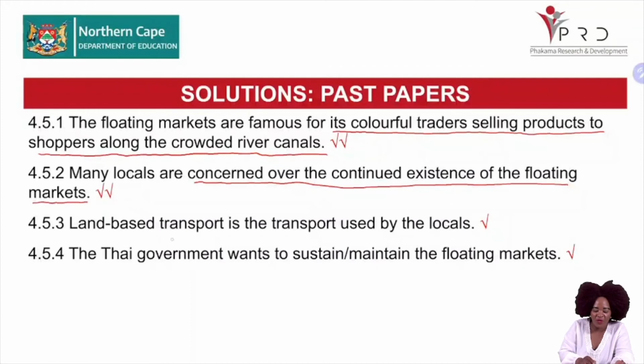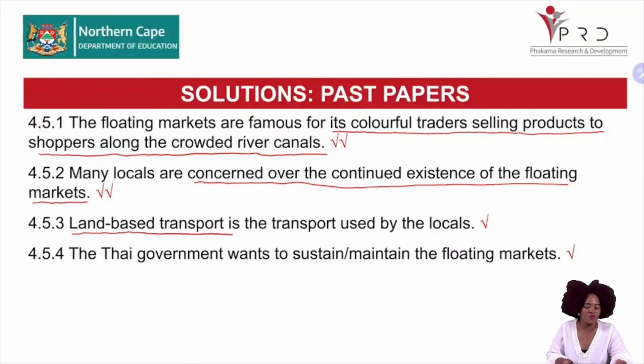Land-based transport is the transport used by the locals. Remember, we were supposed to give the type of transport that is used by the locals. So they also use land-based transport. Remember, we were supposed to answer until 4.5.3. So I want to believe that you did get your 5 marks from the case study.